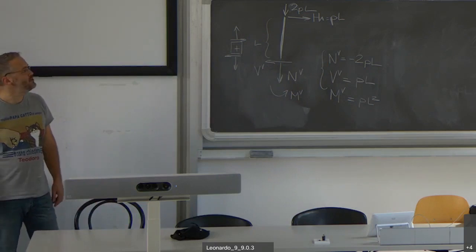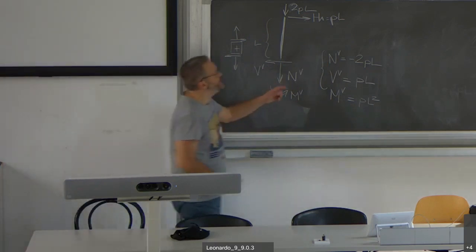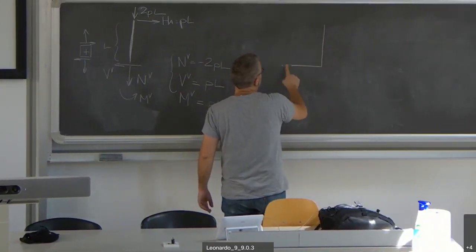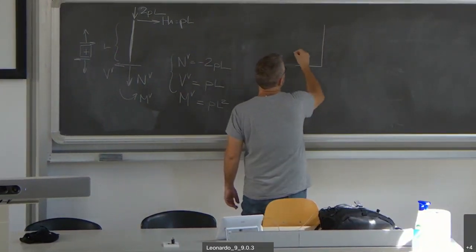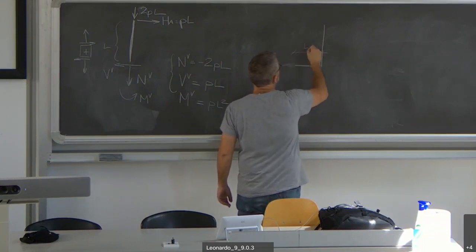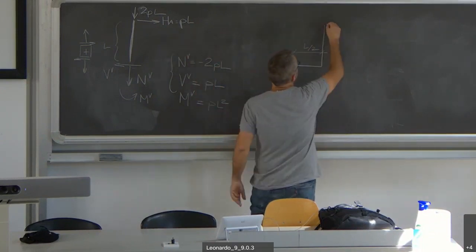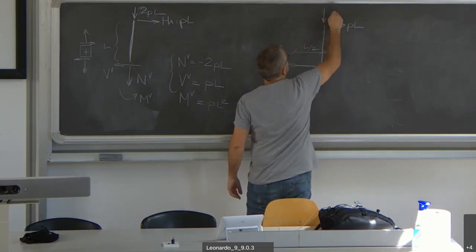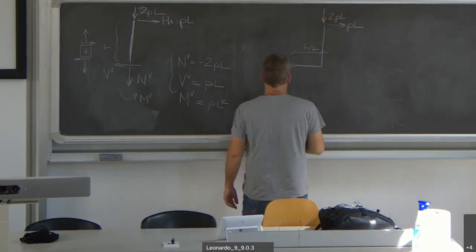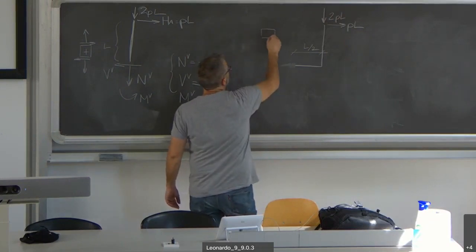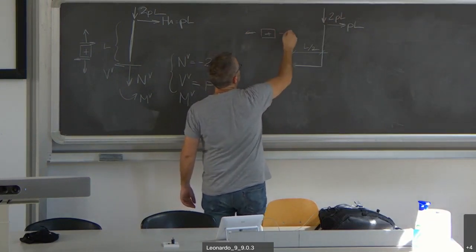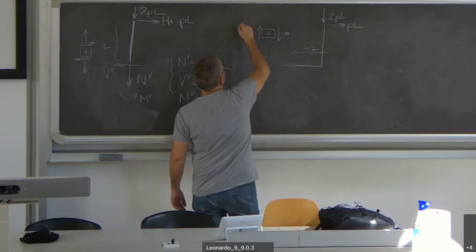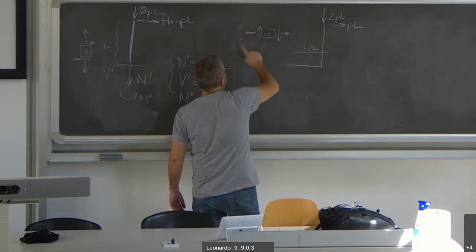These are the basic equations. Then I add the second part, which is only L divided by 2. Again PL, and this is 2PL. My sign conventions are tension, shear force clockwise, and for M I don't need to put it.